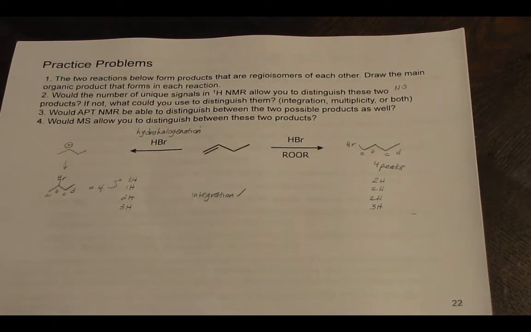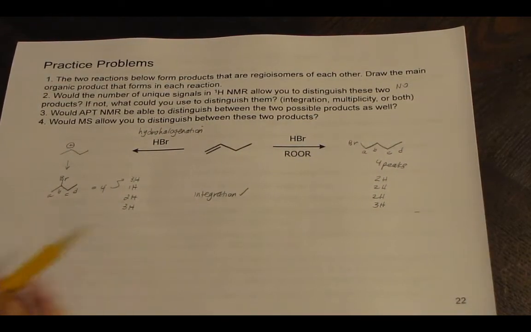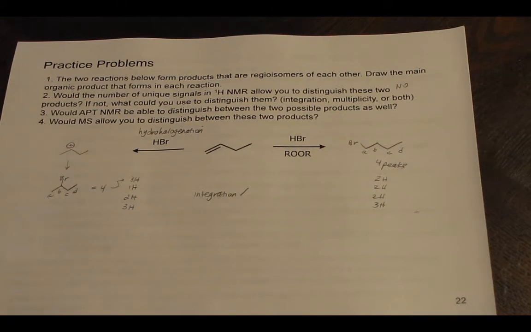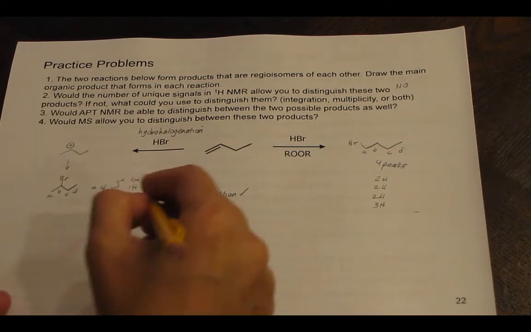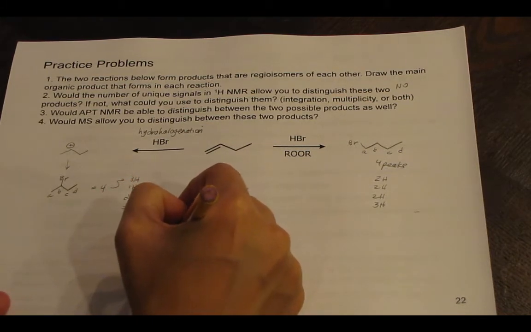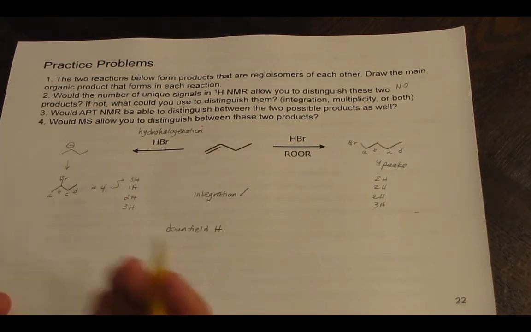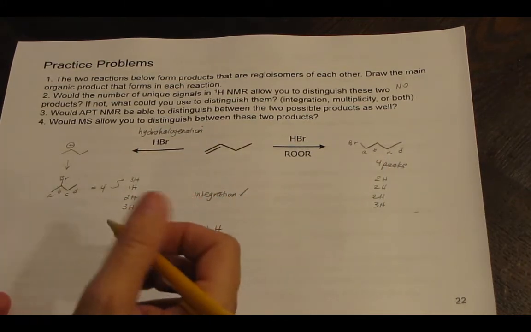Yes, and when I focus on multiplicity and just telling structures apart, let's focus on one thing that separates these two compounds, rather than assigning multiplicity for both structures, which would take too much time. If you're going to focus on one peak, you want to focus on the most downfield hydrogen, because that's the one that's going to stand out, and downfield was to the left.